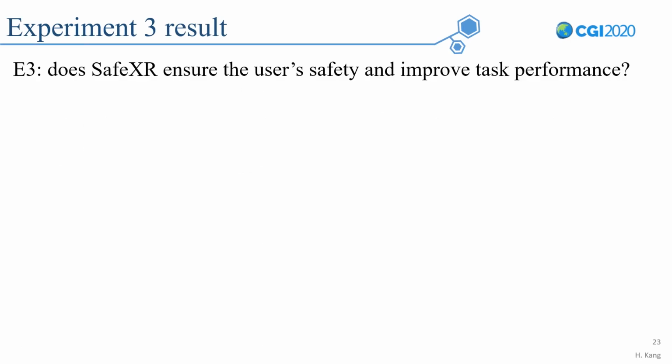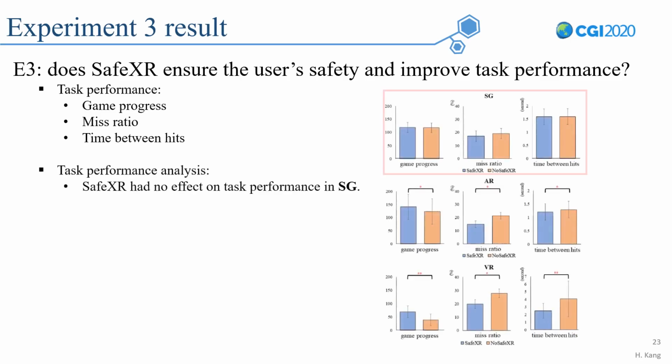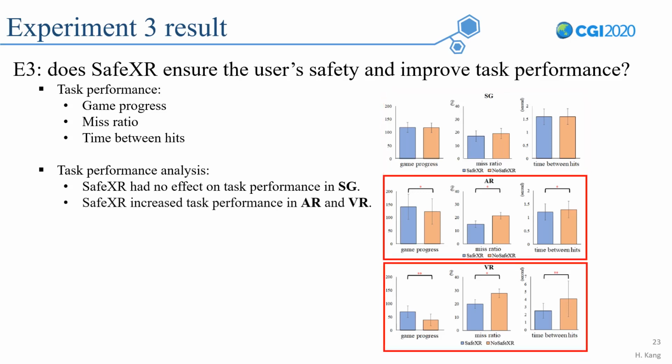The task performance was evaluated in terms of 3 items: game progress, miss ratio, and average time between hits. Our analysis found that SafeXR had no effect on task performance in SG, whereas SafeXR increased the task performance in AR and VR.